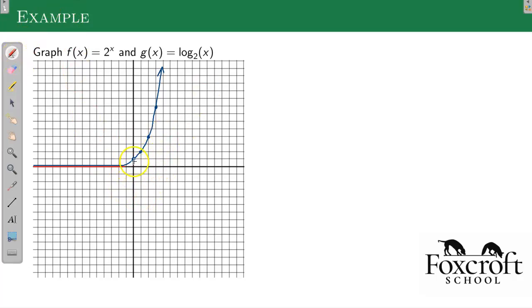The point (0, 1) is on my exponential, which means the point (1, 0) is on my inverse logarithm. (1, 2) switches to (2, 1). (2, 4) switches to (4, 2). (3, 8) switches to (8, 3). I'm just flipping all these points. (4, 16) switches to (16, 4).